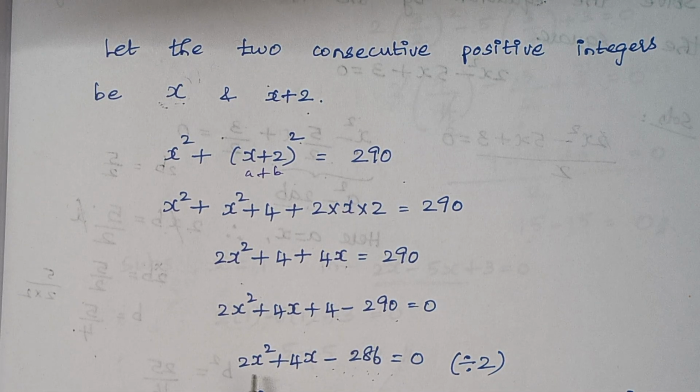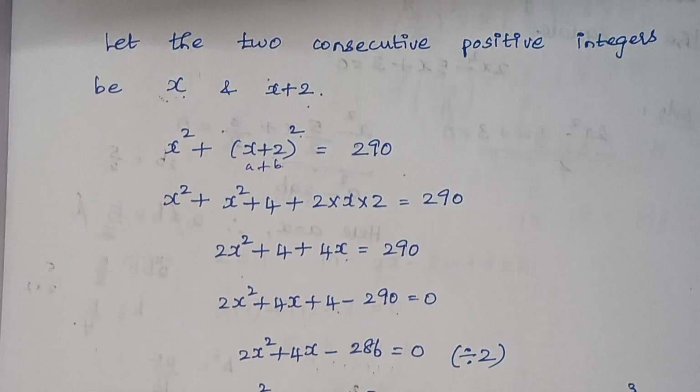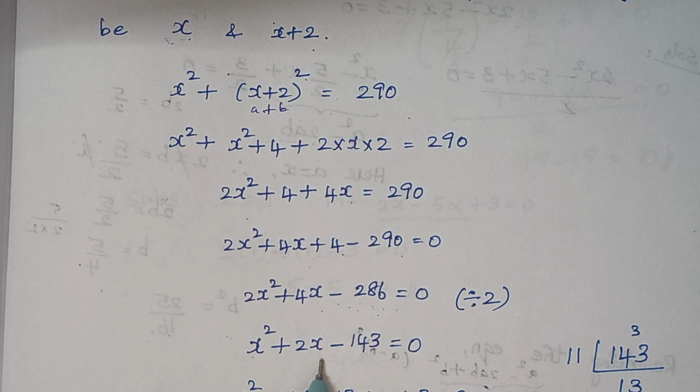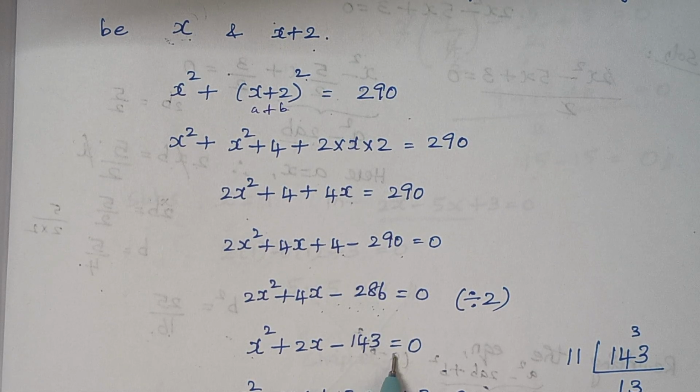Now, when you look at this quadratic equation, we can divide it by 2 so that our calculation becomes a bit easier. When you divide, we have x square plus 2x minus 143 equal to 0. Now we have to solve this quadratic equation and find those two numbers.